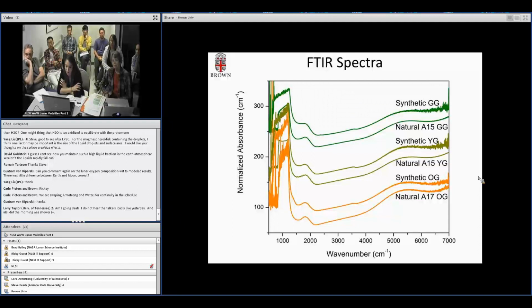We have the glasses that we synthesized in the lab on top, as well as the natural samples on the bottom. And you can see that for each composition, the natural and synthetic match very, very well. The only difference we really see is that we see this water peak at 3550 in the synthetic glasses. And again, that's because we dissolved much more water than what we would expect to see in the natural samples.